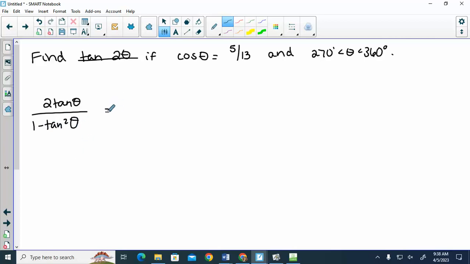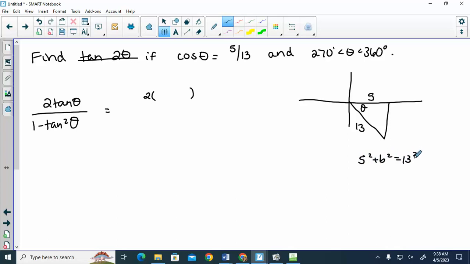So in order to solve this, I need to know what tangent of theta is. How am I going to find my tangent of regular theta? We could do a triangle together. If you were between 270 and 360, that's quadrant 4. Cosine is adjacent over hypotenuse. 5 squared plus b squared equals 13 squared.